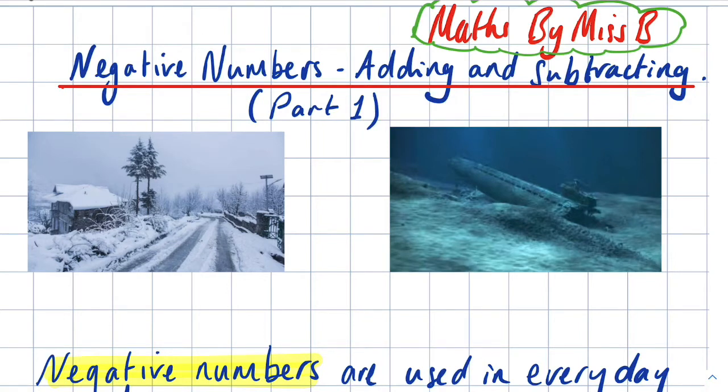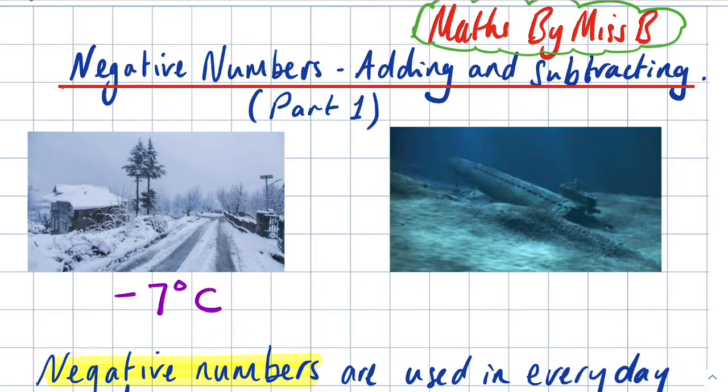So if we're talking about negative numbers and you're looking at temperatures, we could be looking at degrees Fahrenheit or degrees Celsius. The kind of temperature we could describe for the picture on the left could be something like the current temperature is -7 degrees Celsius. On the right hand side, it could be the depth below sea level.